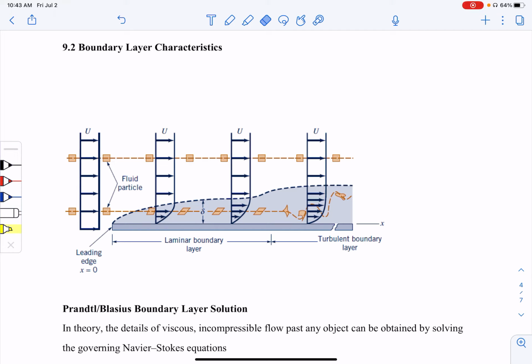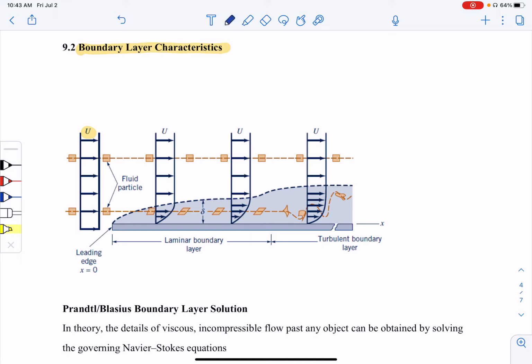So in this video, we are going to talk about the boundary layer characteristics. So consider a uniform flow U over a thin, long, flat plate, and assuming that we have a steady and incompressible flow.